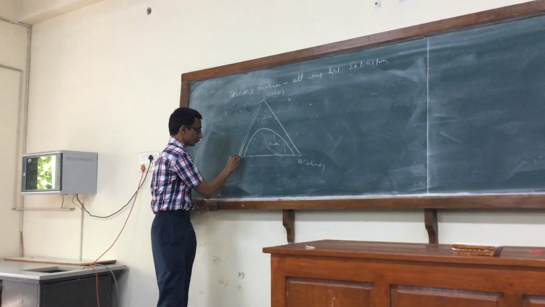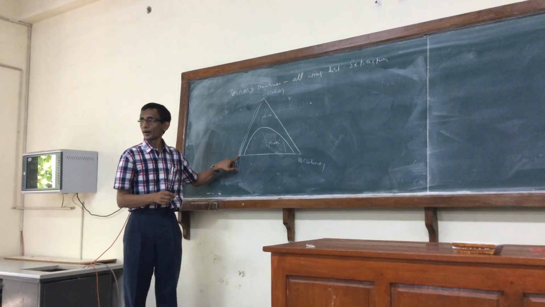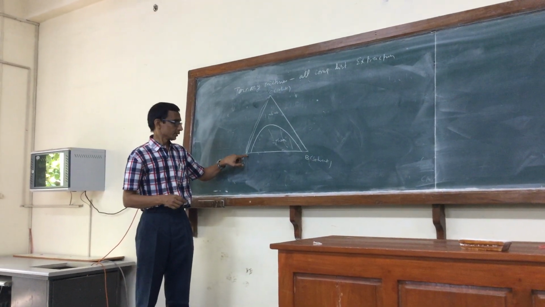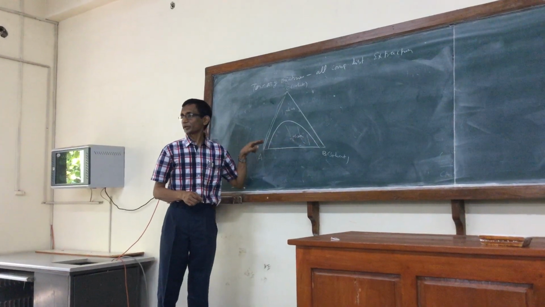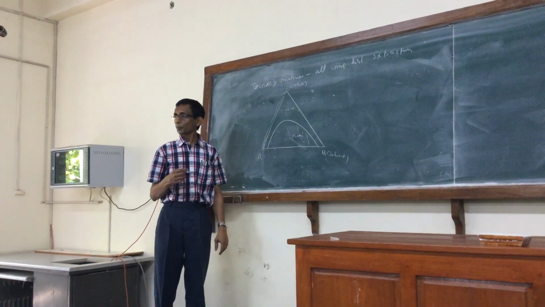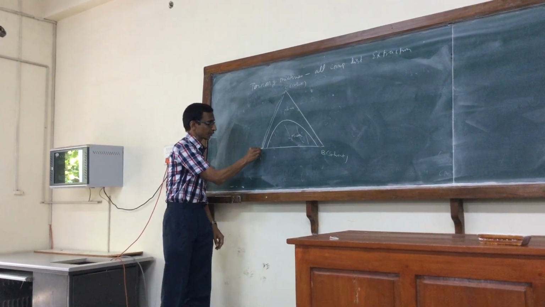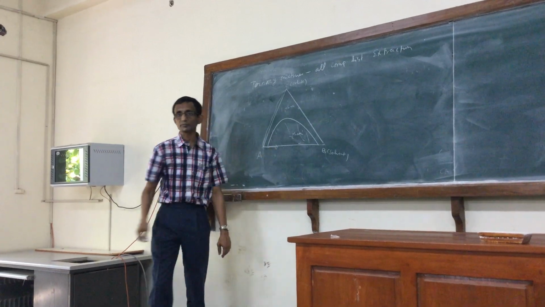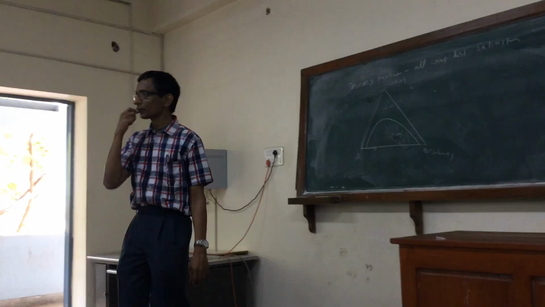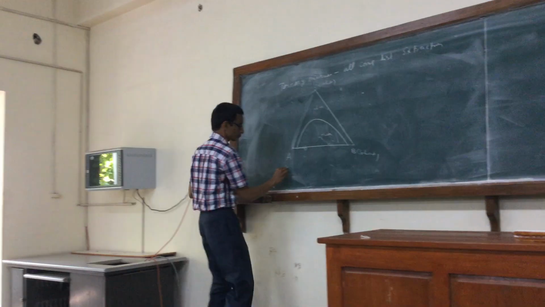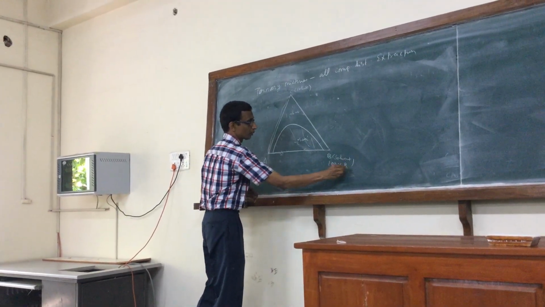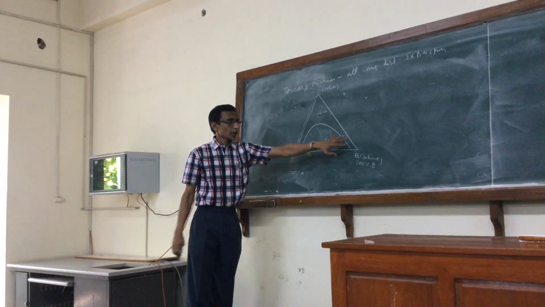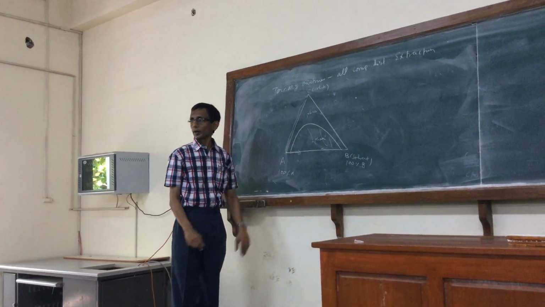So if I take a mixture, so let's say I have A here, right? This is pure A. So now I start adding B to it. So the overall composition of the mixture will start moving in this direction. More and more B is added. So let's say this is 100% A and this is 100% B. I'm just moving along this line, so forget about the rest of the diagram.